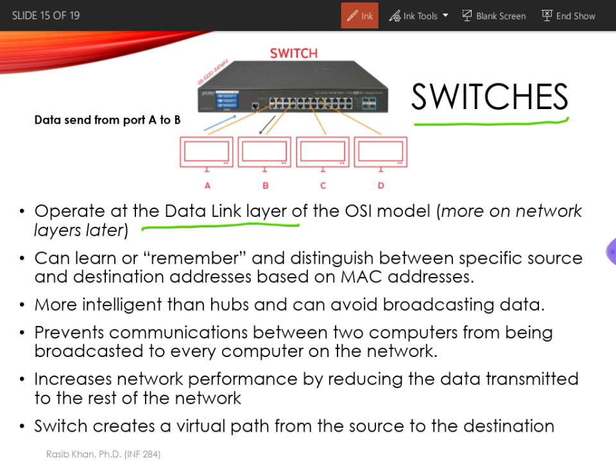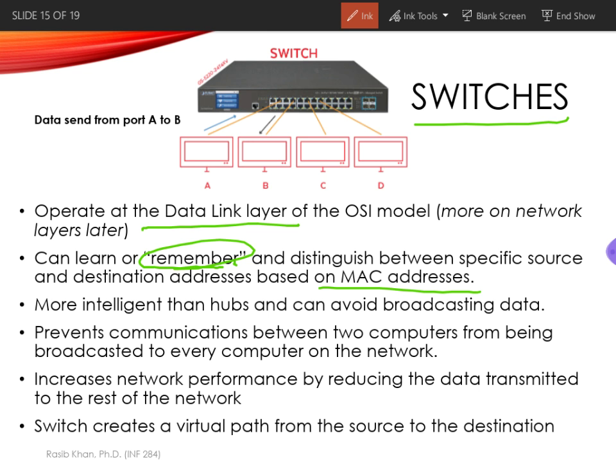The reason why a switch is a bit more intelligent is because it can remember a specific computer that is connected to one of its ports using the MAC address.